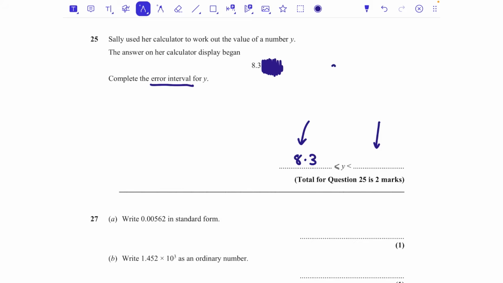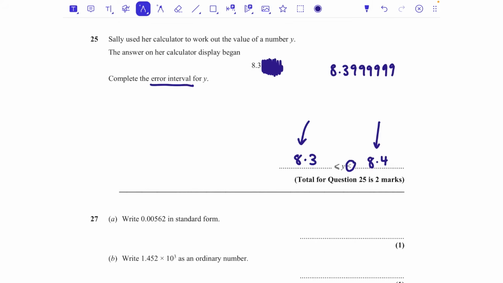And the biggest it could be is 8.3999999. So 9 recurring. Okay, that is the absolute biggest it could be. But because 9 recurring is so infinitely close, it's basically 8.4, we just say it's 8.4, and that's why at this top end it's not equal to.